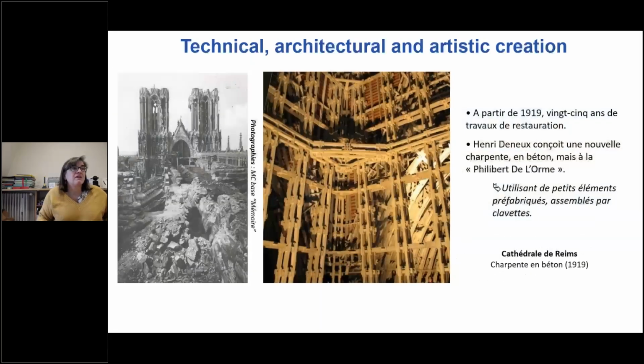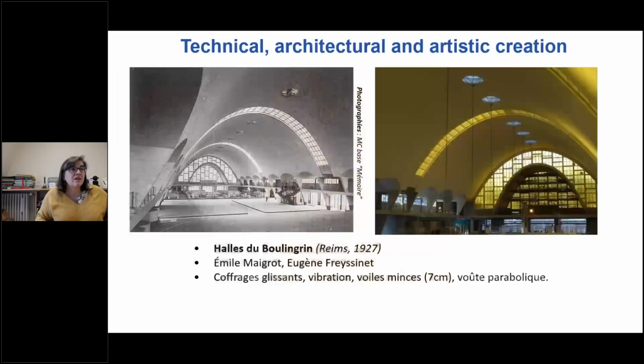Then here you have an example of the use of concrete as a repairing material after the war. Here it's Reims Cathedral in the eastern part of France, and you can see that all the structure made of wood has been replaced by a structure made of precast concrete elements.